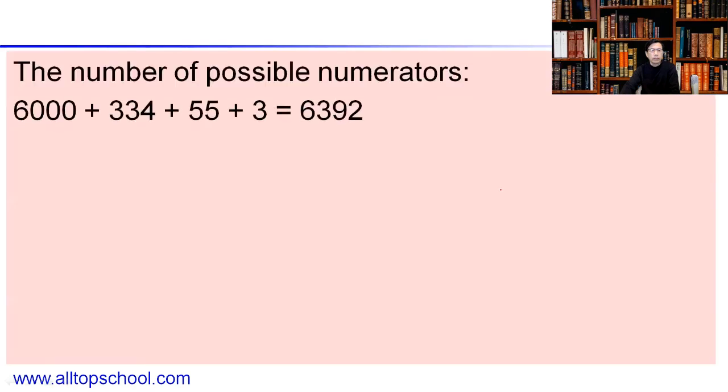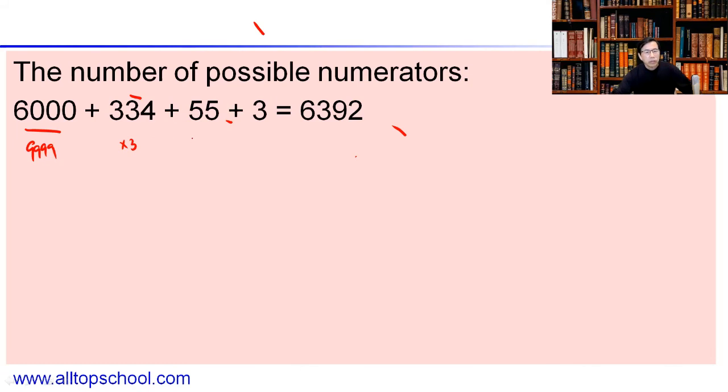So basically, we got the number of possible numerators completely. The first one is relatively prime to 9,999 for everything. The second case is going to be a multiple of 3, but not a multiple of 11 and not a multiple of 101.